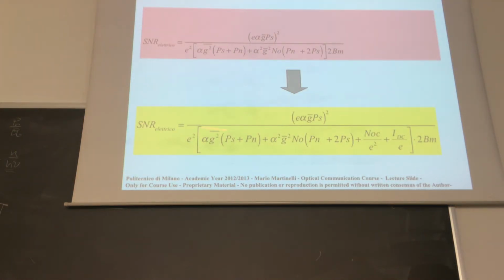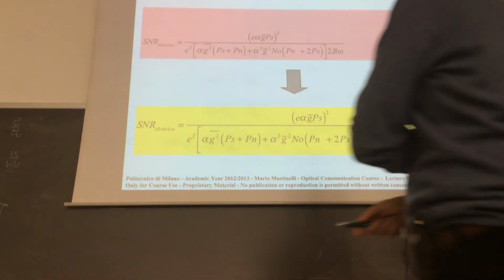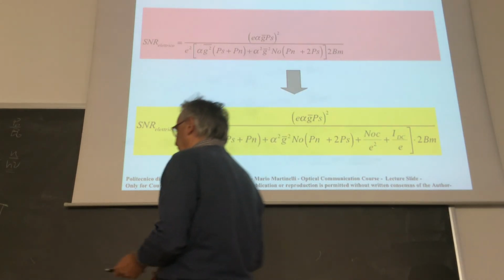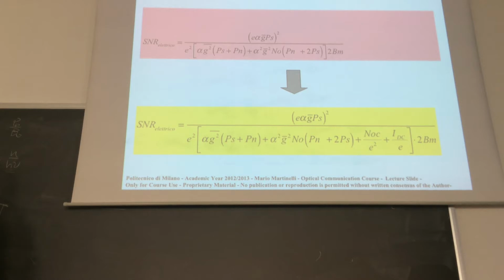Okay, so this in yellow is the whole signal, the whole signal to noise in electric. Okay, now we move from this expression to study three different situations. Why three different situations? Because now finally we have to evaluate the signal.